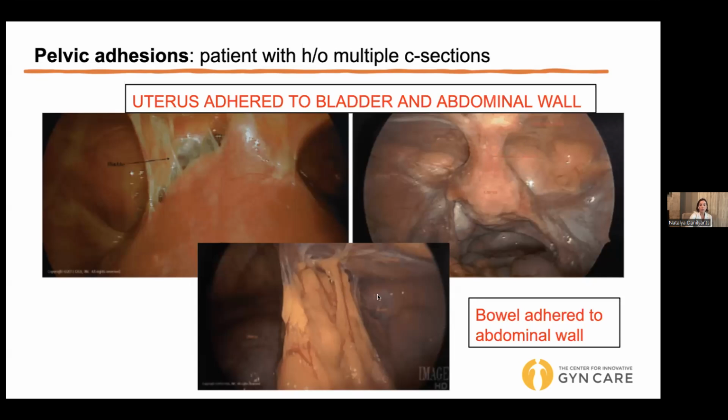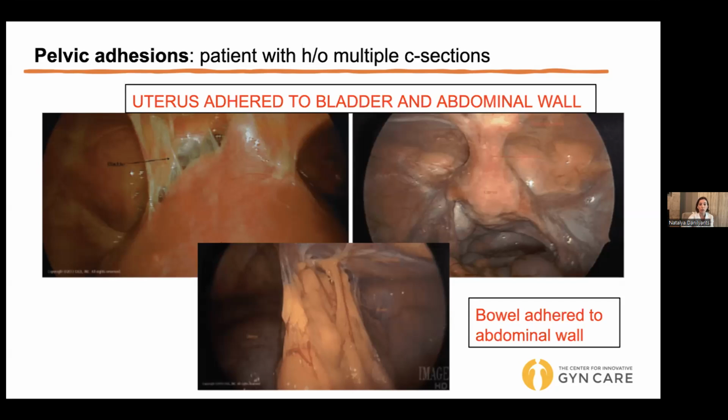This is omentum and bowel, so small bowel, and omentum is just a sheet of fat that hangs off the bowel. So those are stuck to the abdominal wall. All right, so these all can be as a result of C-sections. Typically more than one. It's unlikely to see a thick band like this after one C-section, but sometimes we see patients with multiple prior C-sections, like 3 or 4.